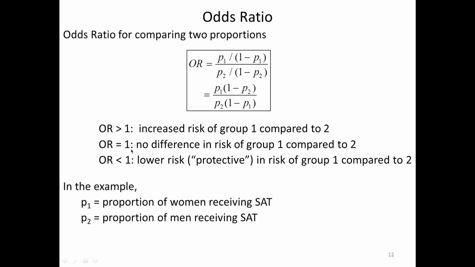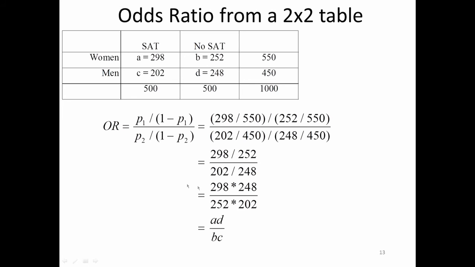If OR is equal to 1, there is no difference in risk between group 1 and 2. If OR is less than 1, lower risk in group 1 when compared to group 2. In this particular example, P1 is the proportion of women who received SAT, P2 is the proportion of men who received SAT. Understand?